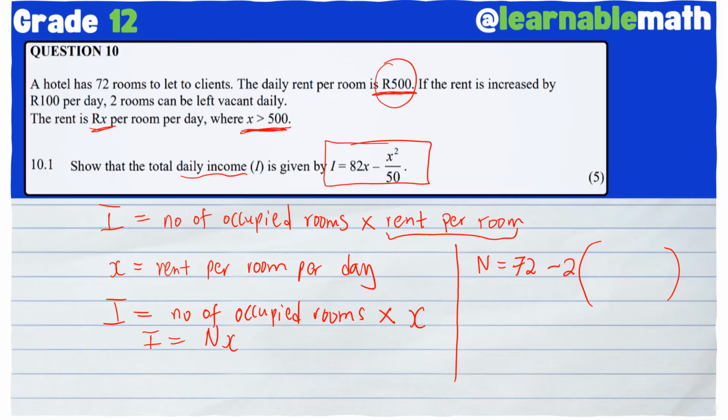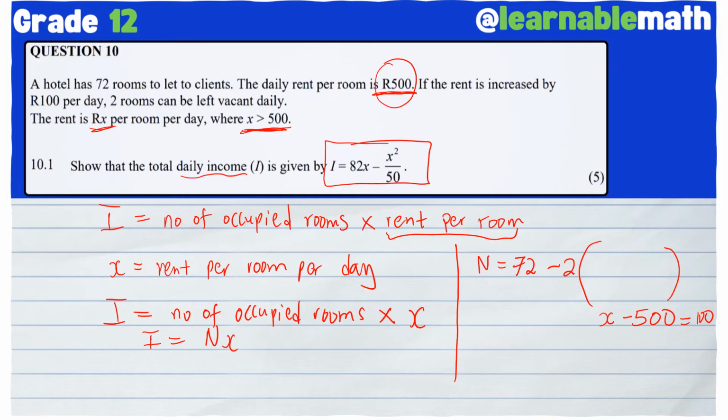Okay, so hence you are saying an increase in rent. So we can find it by saying x minus 500, because we are increasing from 500 and x is greater than 500. Okay, so this gives us an expression for the increase in rent. Okay, but then how do we consolidate? How do we ensure that when this increase is equal to 100 rand, then there will be only 2 rooms that will be vacant?